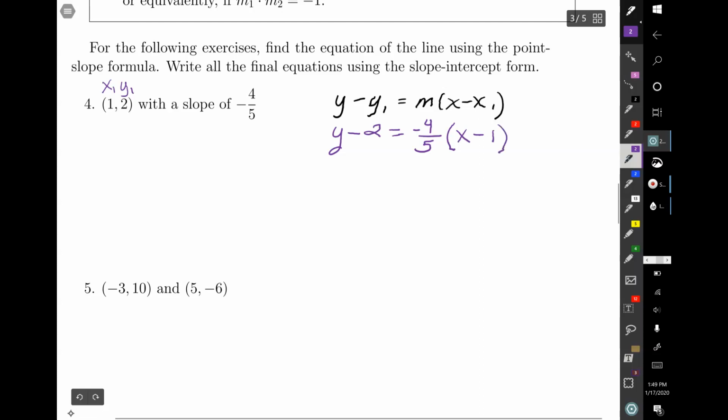And then I'm going to distribute the negative 4/5 to the x and the minus 1. So I end up with y minus 2 on the left-hand side equals negative 4/5 x plus 4/5.